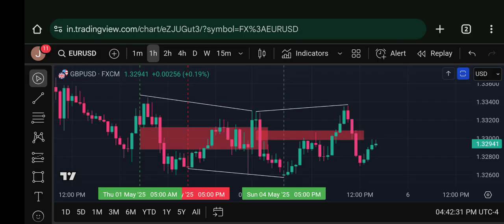So my biggest mistake that day on gold was I entered the trade when XAUSD, that is silver, had already reached the drawn liquidity. That was my biggest mistake.